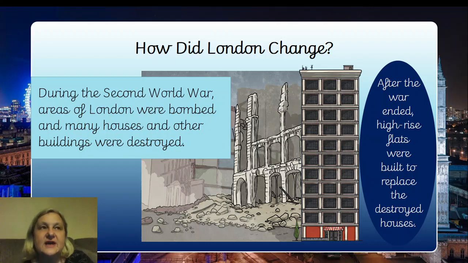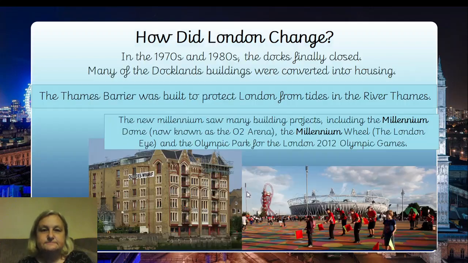And to get more people in to rebuild those places, they went higher, okay, with their high-rise flats, to get more people into a smaller space, to replace those destroyed houses.